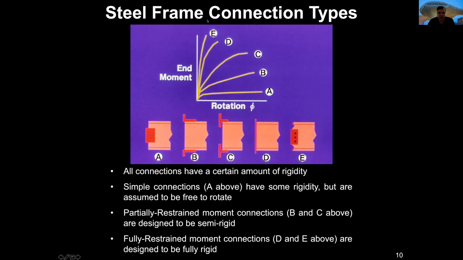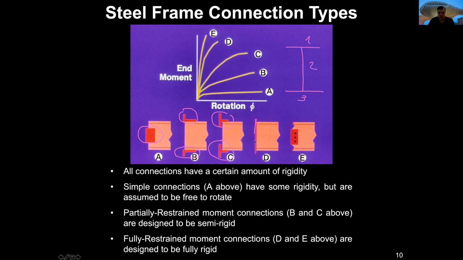Well, what happens in this particular case is the following. We have a connection that only connects the web. We have a connection that connects the top and bottom areas of the beam. The same happens here. And those connections are not connecting the three elements, 1, 2, and 3.